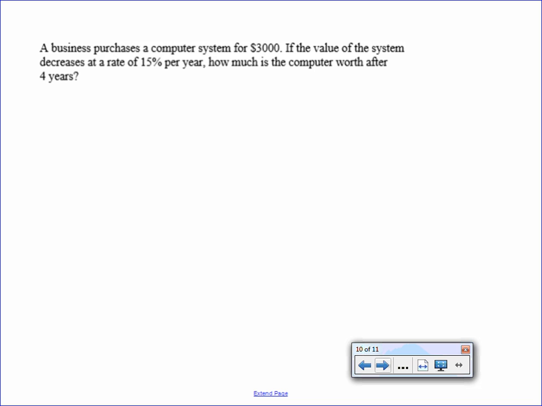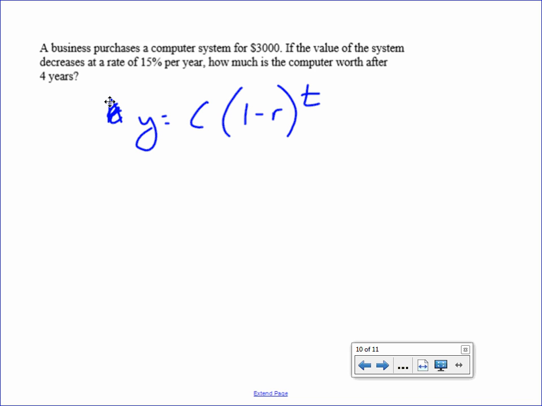And so, this would be a decay, so our y is equal to C times 1 minus r to the t power. So my initial amount was 3,000, and then I'd have a 1 minus 0.15, and that would be raised to the fourth power. So I have 0.85 to the fourth power, which is 0.522.